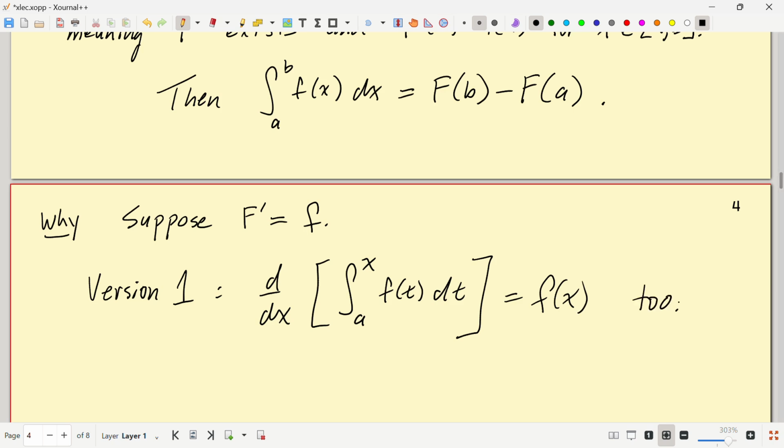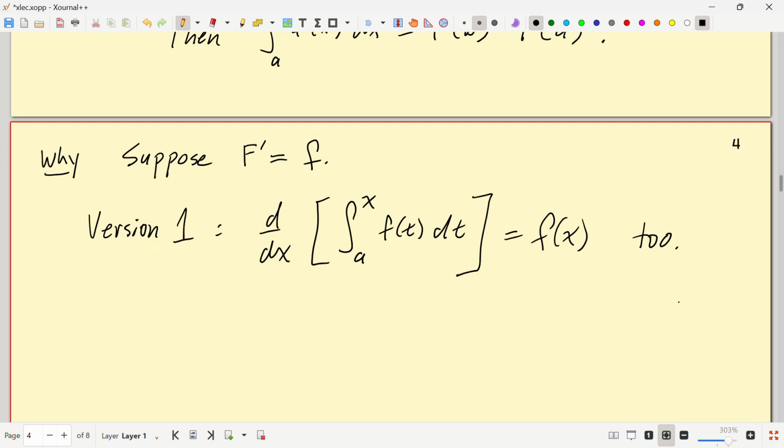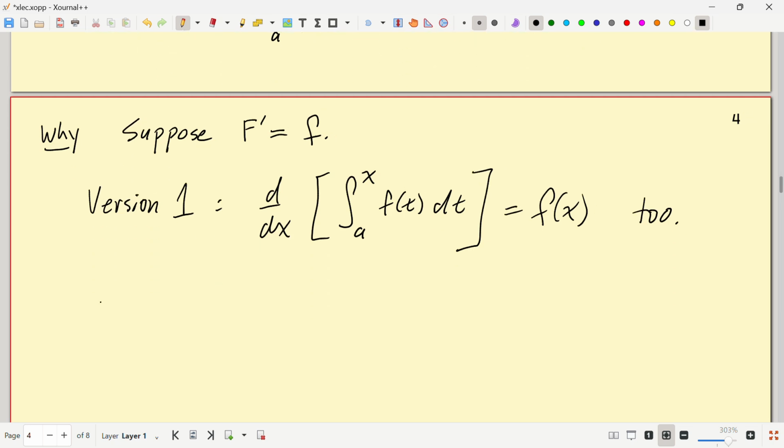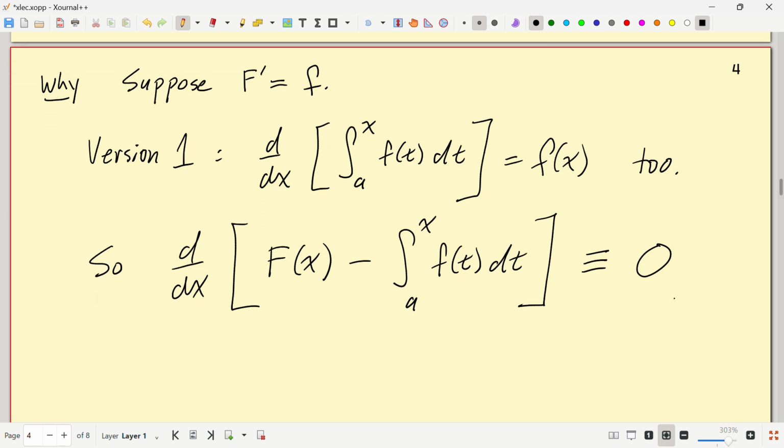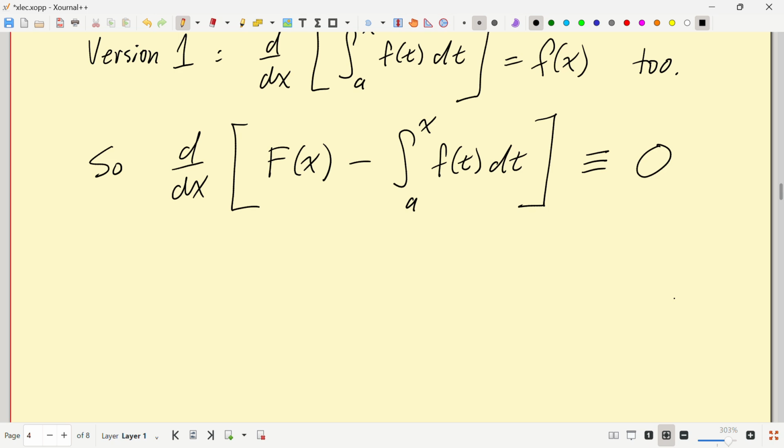And now ask yourself, if I have two things that have the same derivative, then their difference would have derivative 0. So d by dx of this capital F of x minus this thing would be identically 0. And the mean value theorem implies that therefore they're constant. That was a corollary.